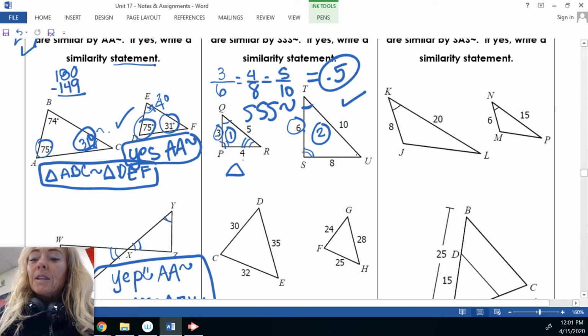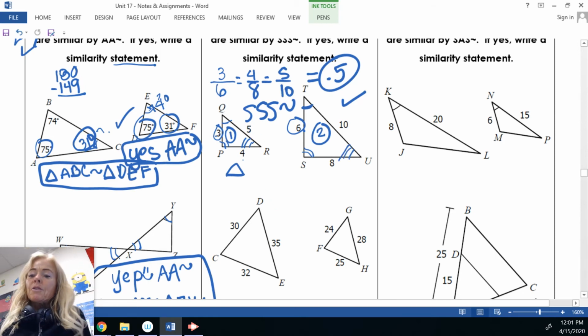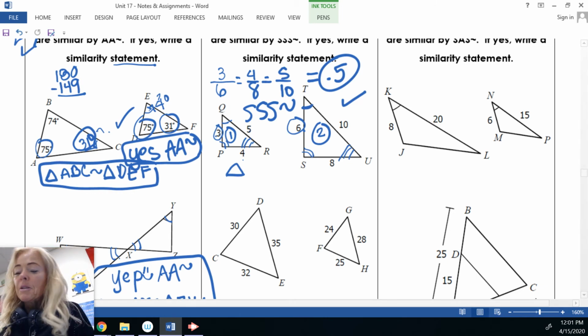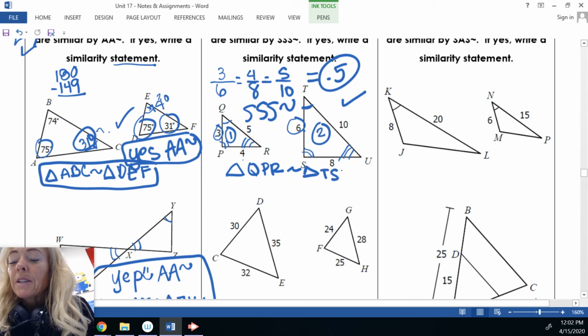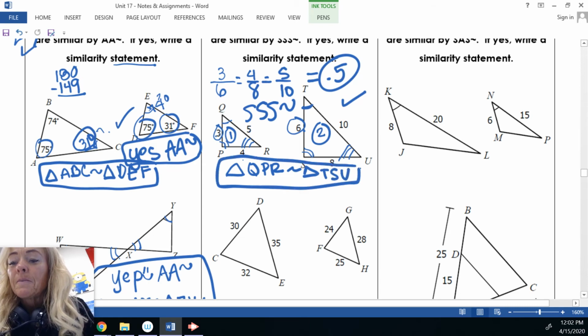And then the third side is the medium to large side. Okay, so sometimes I'll mark them up just so that I can write my similarity statement. So I'm going to go 1, 2, 3, so QPR is similar to TSU, 1, 2, 3.